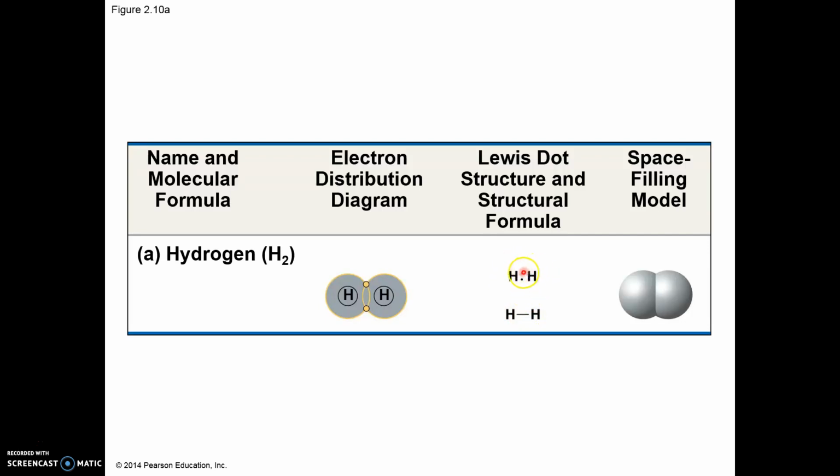Here we have the Lewis dot structure, where we just show the two electrons as dots in between the two H's. Now, none of these really represent what this molecule would actually look like. This is what that molecule would actually look like. Okay, so it's two spheres that have become severely overlapped. This is what it looks like in three-dimensional space.